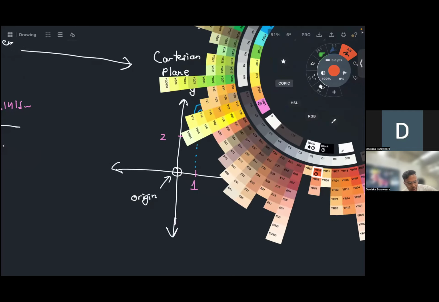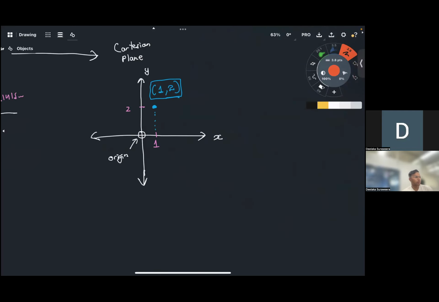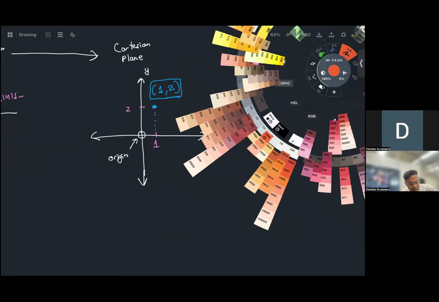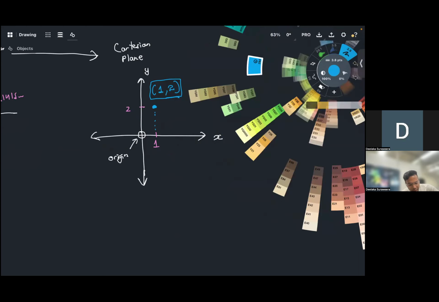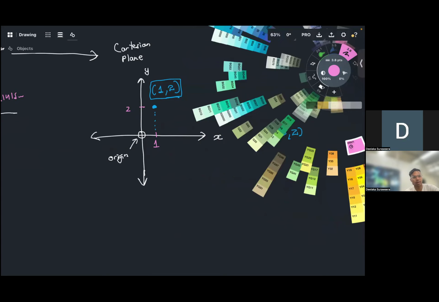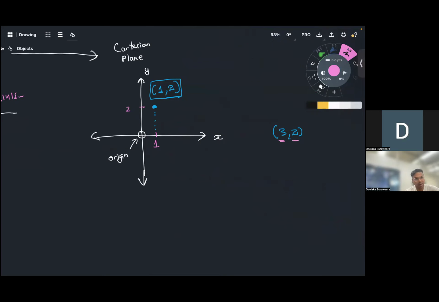All right, so the first thing I want you to become comfortable with is a super easy skill, which is labeling points on the Cartesian plane. And the way you do it is, let's say you have a point (3, 2). The left one is the x value. The right one is the y value. The x value is a horizontal thing, right? So you move right by the x value. So you move right by 3: 1, 2, 3. Get to 3. Then you move up by 2: 1, 2.